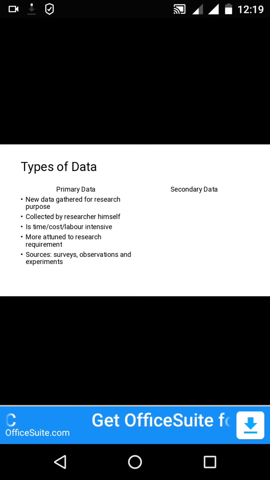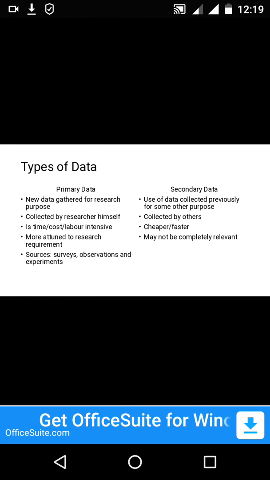He will simply source this data from that particular entity or person or organization. In this case, the data that has been sourced from somebody else would become the secondary data. So this is the difference between the primary and the secondary data. Let's have a look.